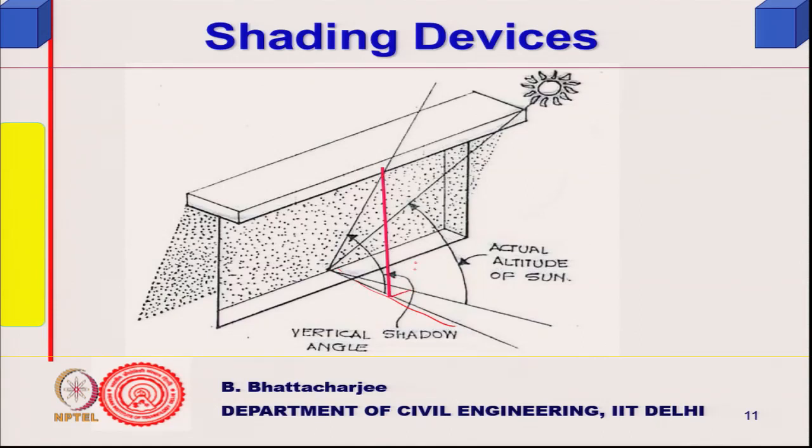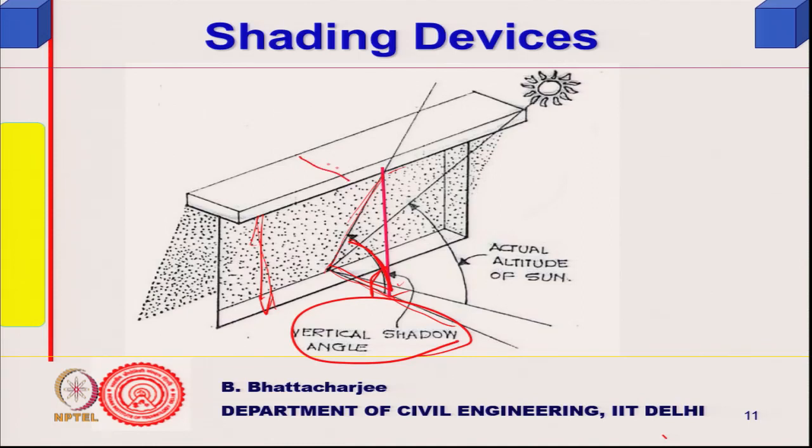This is nothing but the same height as the window height, and this angle is 90 degrees, because I have dropped it down. We define actually something called the vertical shadow angle. So, what is the vertical shadow angle?